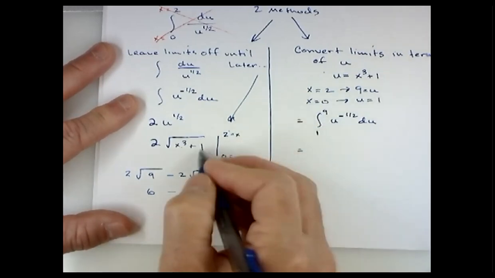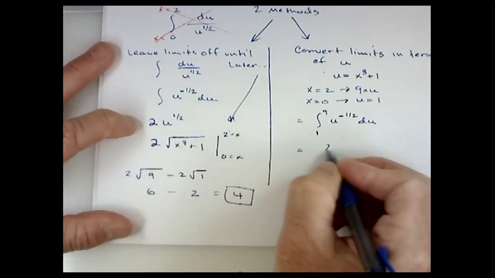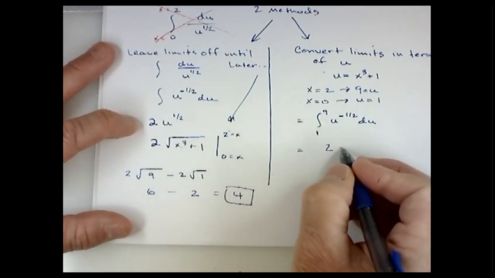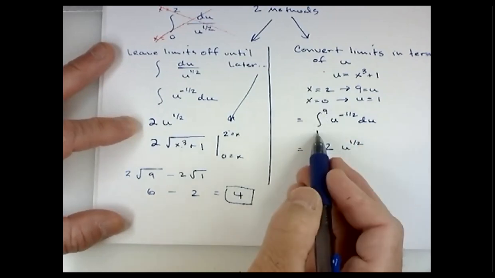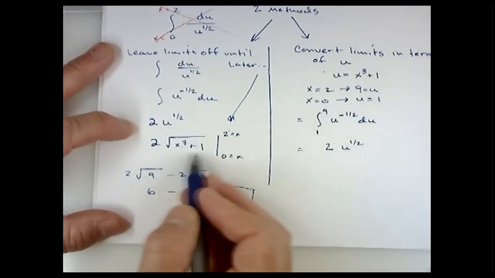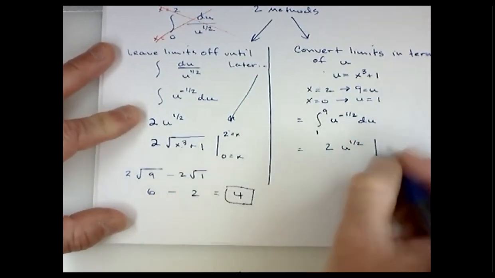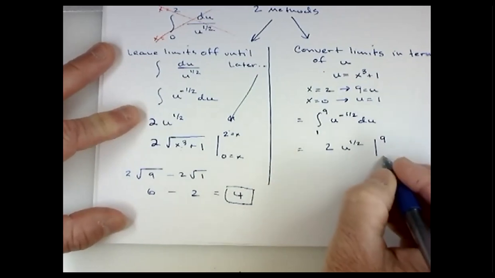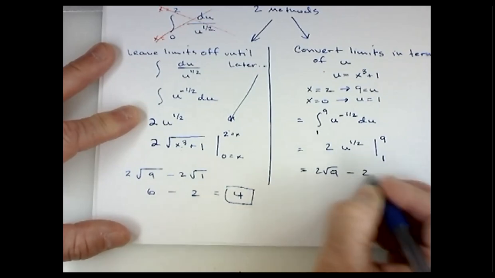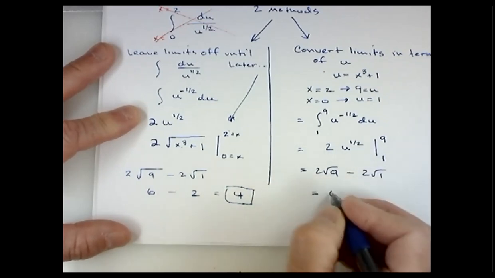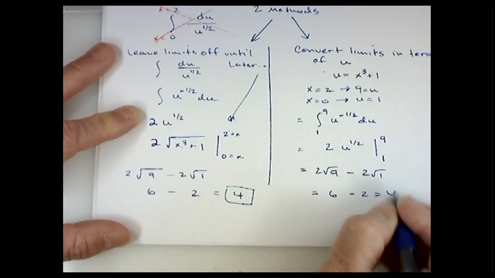And when I get my antiderivative, which was 2 u to the 1/2, because my limits are already in terms of u, there's no reason to convert back to x. I could just plug in from 9 to 1, and you see I get the same answer. Whoops, 6 minus 2, I get 4.